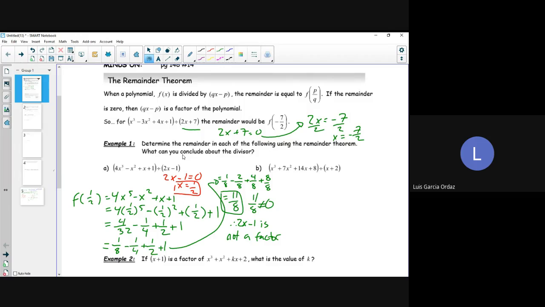Which means that 1/2 is just a point on the graph. So your point would be 1/2 and 11/8. So does it seem pretty easy so far? Just have to check if it doesn't equal 0 or equals 0.